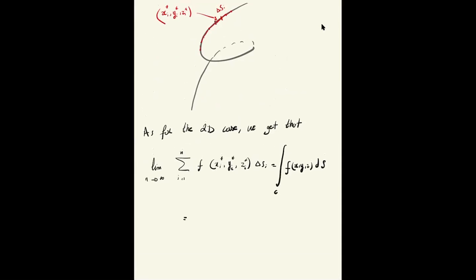And as I said, you can approximate this delta s using the Pythagorean theorem, which gives the integral from a to b of the function.